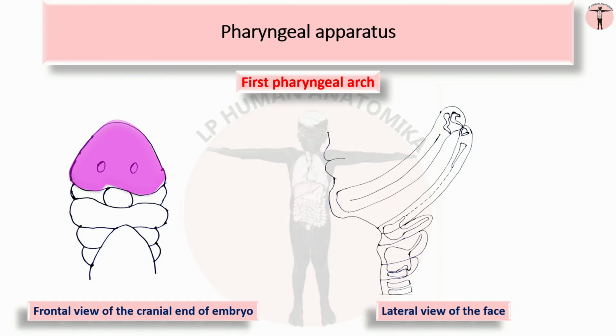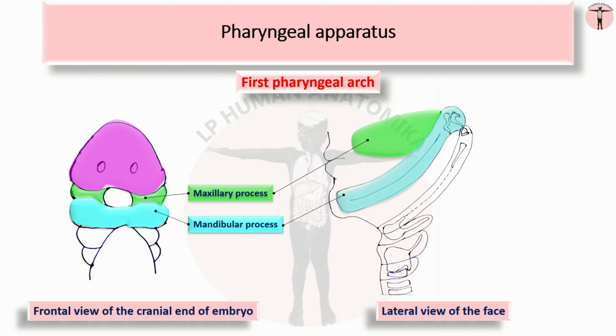To start with the first pharyngeal arch, it is also called the mandibular arch. The first pharyngeal arch consists of a dorsal portion, the maxillary process, which extends forwards beneath the region of the eye, and a ventral portion, the mandibular process, which contains a cartilage bar called the Meckel's cartilage.